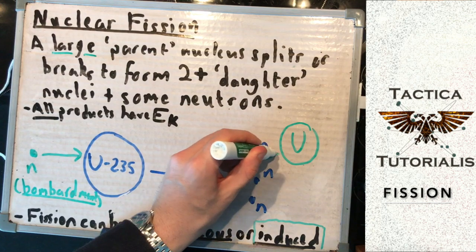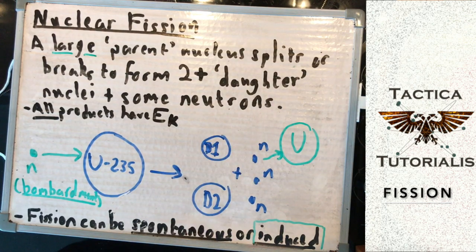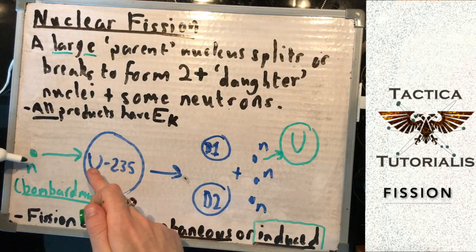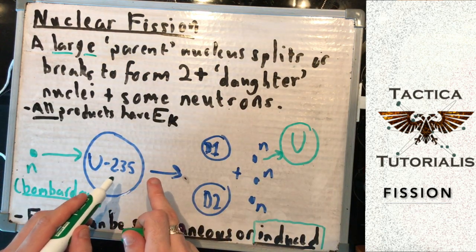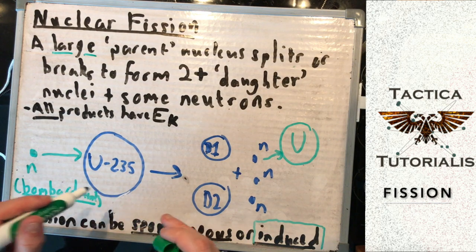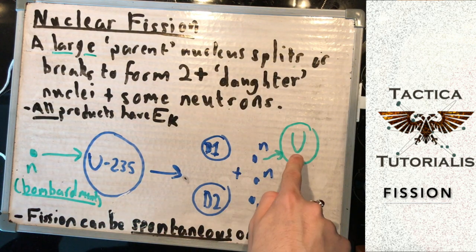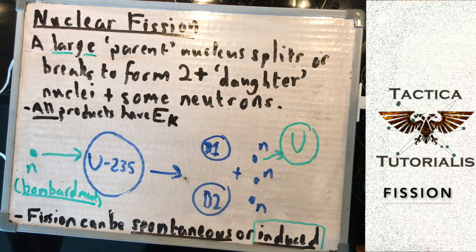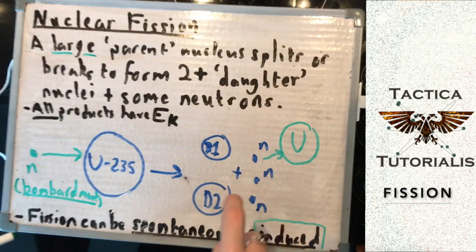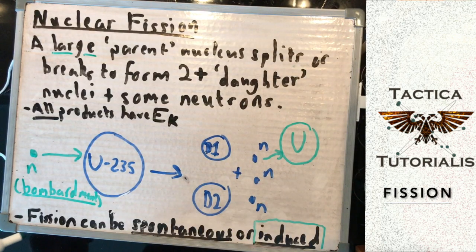And if that neutron runs into it, boom, this happens all over again. This nucleus is now going to do what this nucleus just did, and pop. So fission can happen over and over and over, and this is where you get chain reactions, and this is where you get trouble.